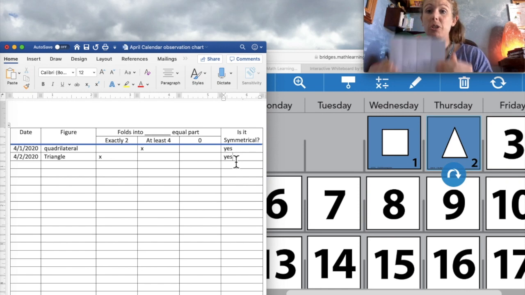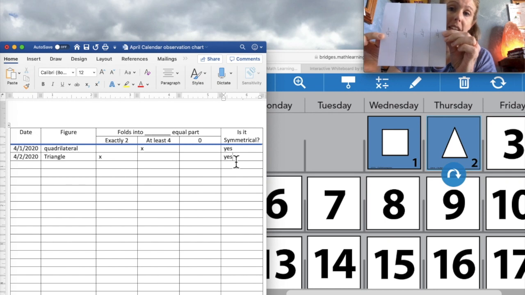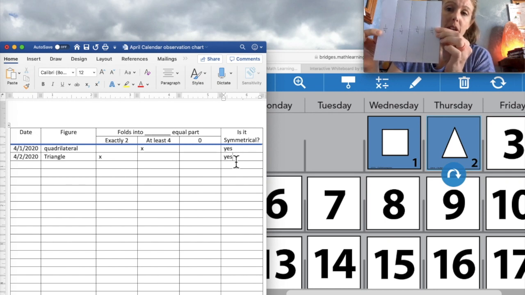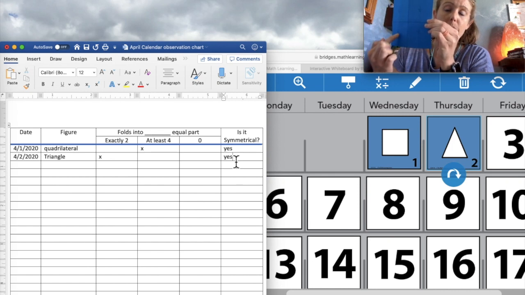Our shape yesterday, our quadrilateral, we could have folded it into 4 equal parts, each of them being a fourth. So we could have done it the long way, or where we have 4 of our squares. 1/4, 2/4, 3/4, 4/4.